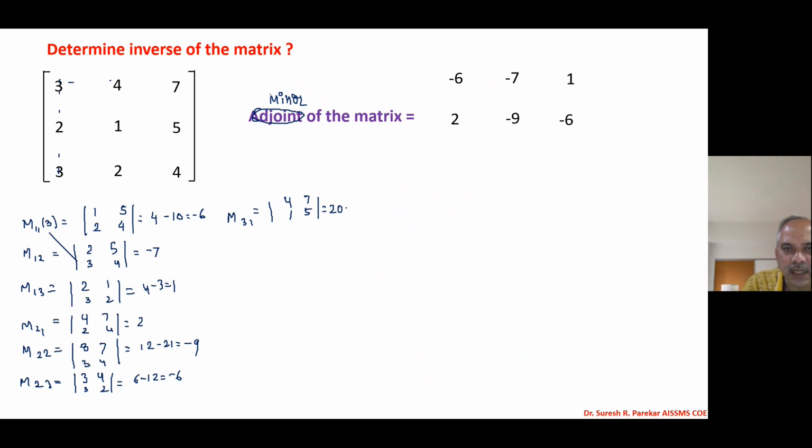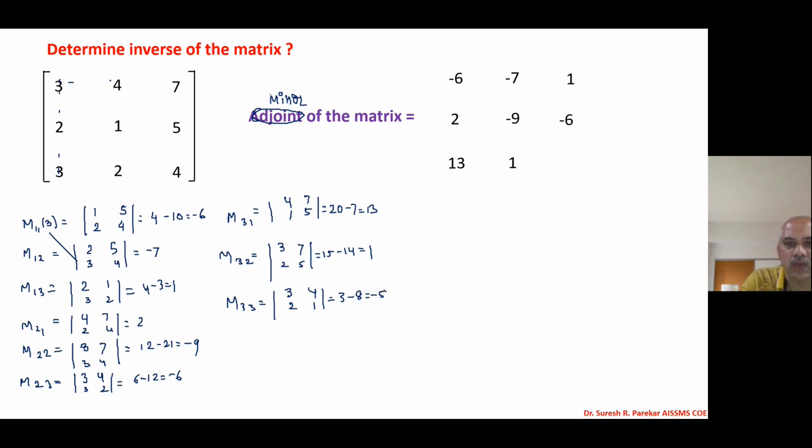So 20 minus 7 is 13. Then M 3 2: 3, 7, 2, 5. So 15 minus 14, we have 1. And M 3 3: 3, 4, 2, 1. So 3 minus 8, we have minus 5.